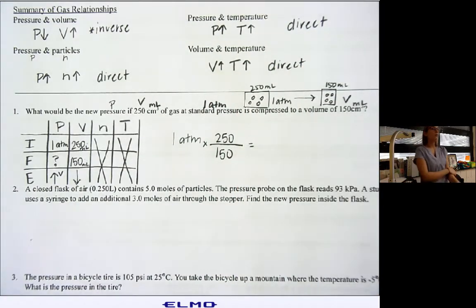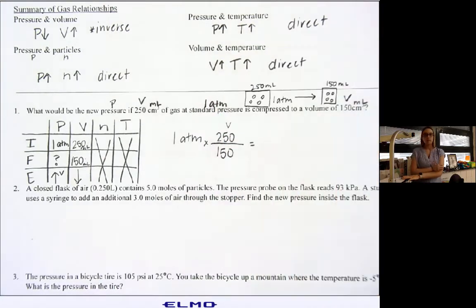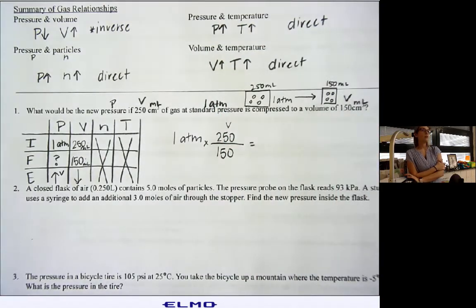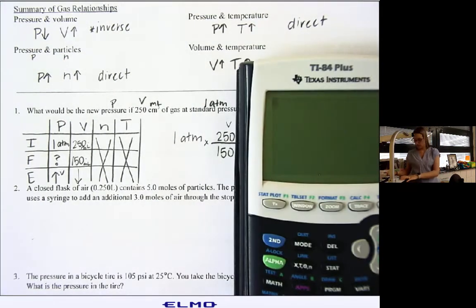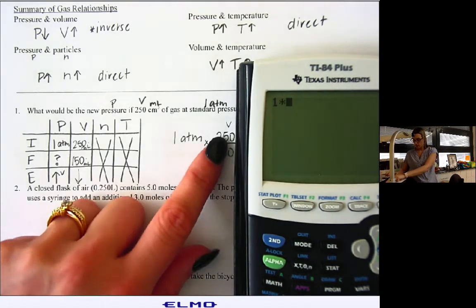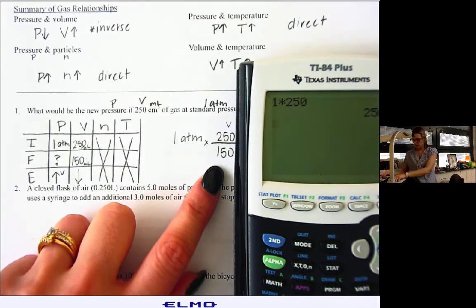So to solve for this new variable, we're solving for final pressure. You're multiplying by a fraction. This fraction comes from our volume. Now to solve this, we solve this just like we've done before. Here's how I would solve this. I'm going to do 1 times 250, divide by what's on the bottom.